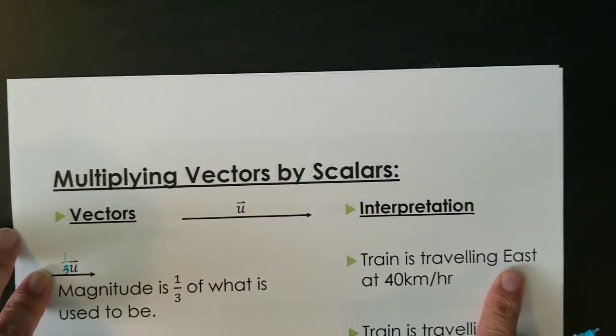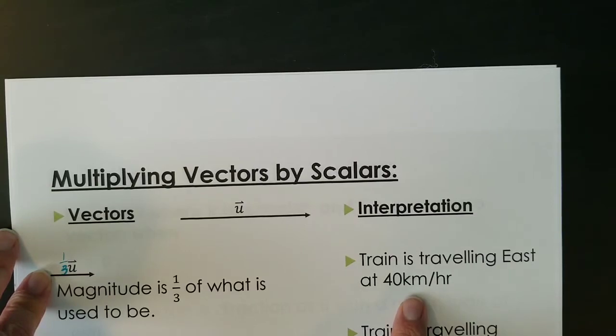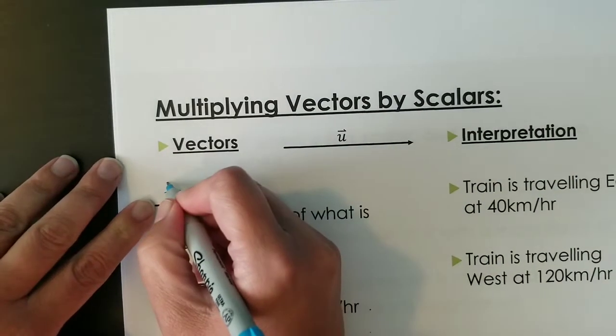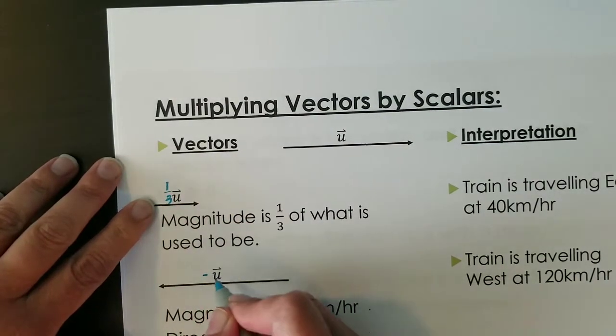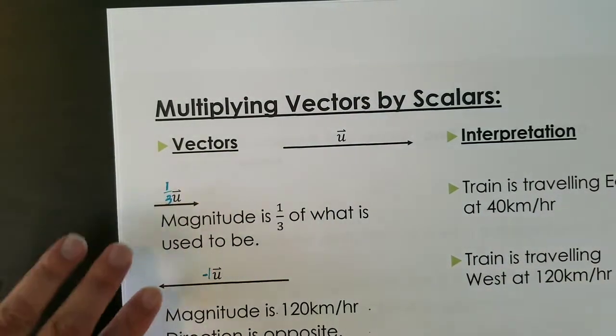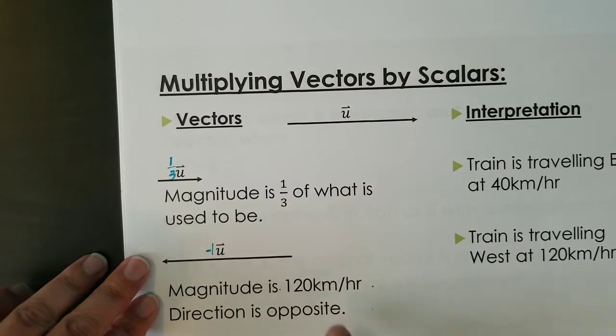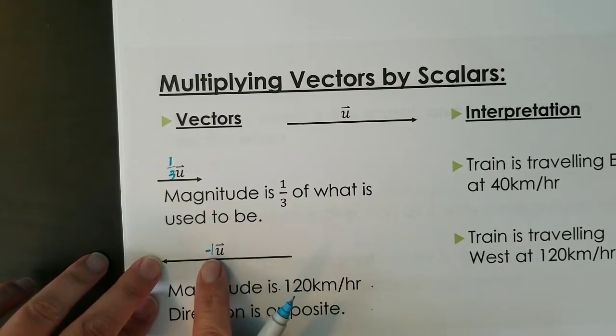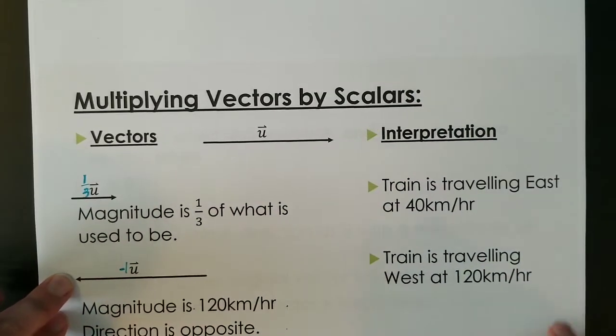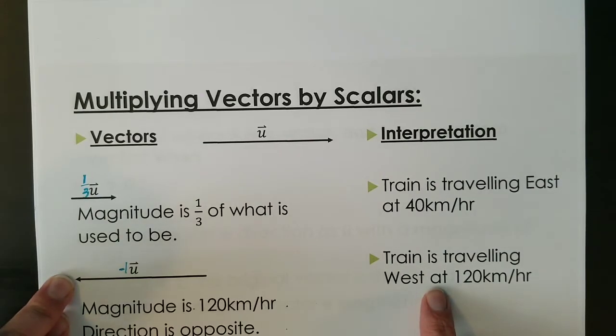It's still traveling east, but it's traveling at 40 kilometers per hour. The negative u, so adding in this negative or -1 as a scalar, that changes the direction, but it doesn't change the magnitude. So the train is traveling now west instead of east, but at the same speed.